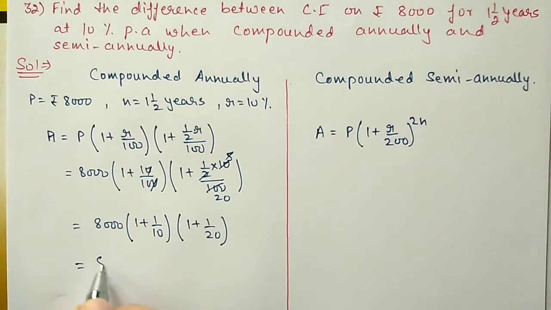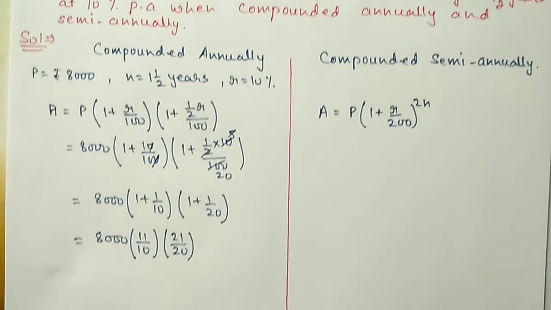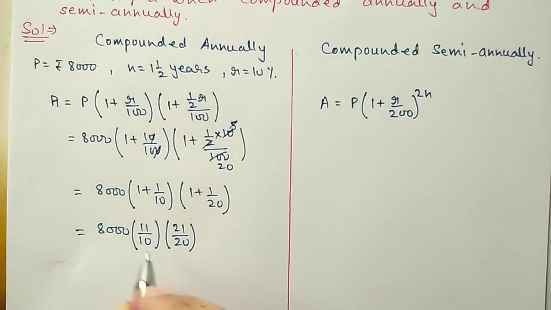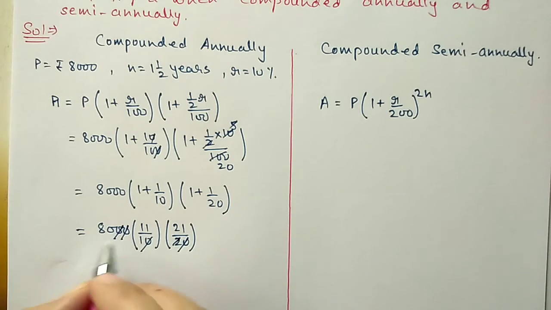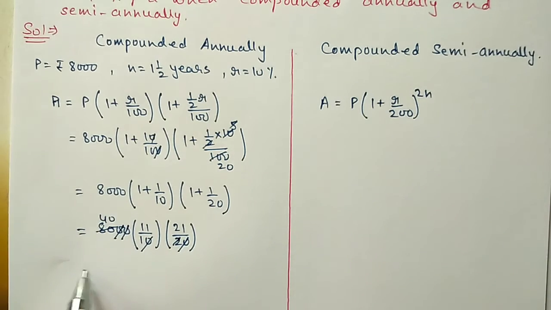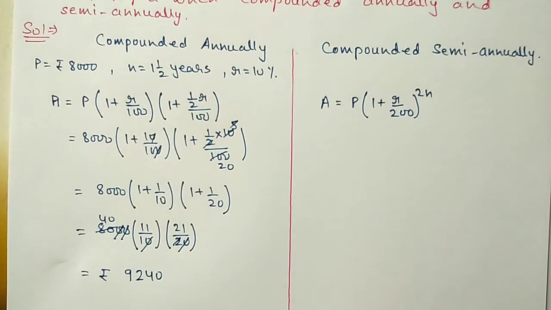After simplification we will get 11 by 10 and here we will get 21 by 20. The zero we can cancel here, the zero we can cancel from here, and 2 40 times will cancel out. Now we have to multiply all these numbers, we will get 9240.